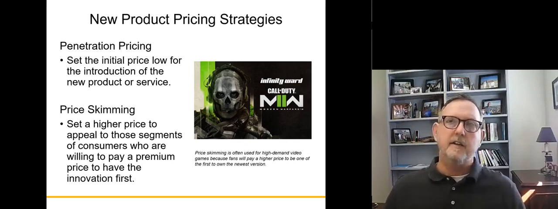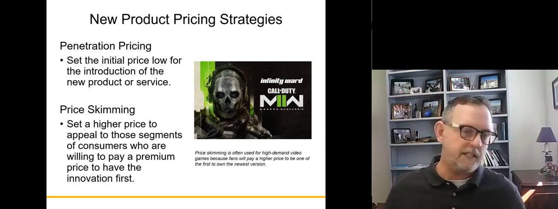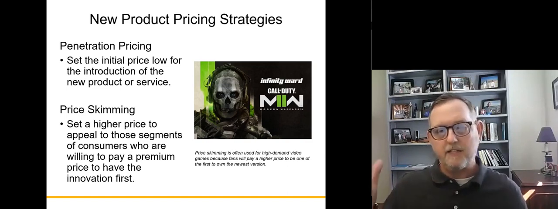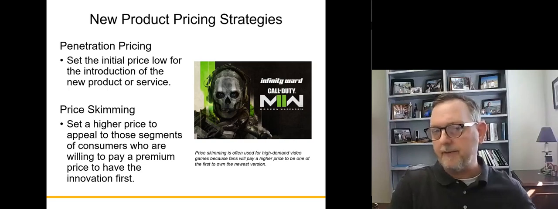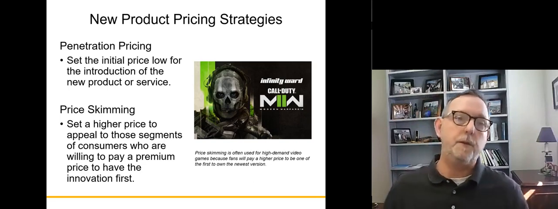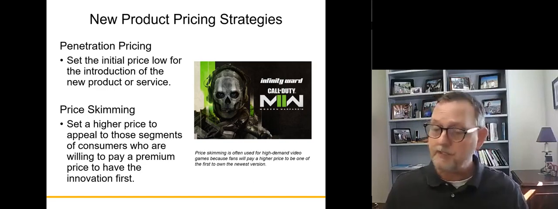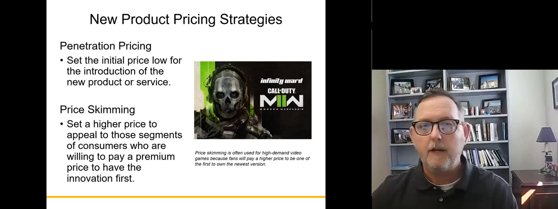High demand products, products that are going to be launched during the gift-giving holiday season from November through December. New products that are going to be really in demand will be set at a high price, right? And then after the demand subsides a little bit, we'll start lowering our price to capture the rest of the market. People who want the product the most will be willing to pay the most, and so we extract that from the market using a price skimming strategy.